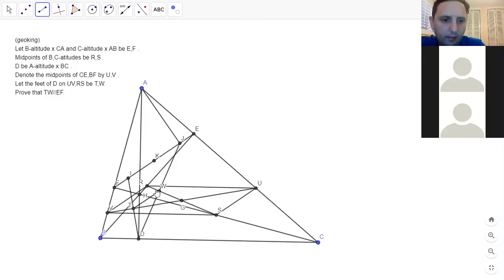We need to show RS is the perpendicular bisector of DJ. We know it's perpendicular, but not that it bisects yet. Once we prove it for RS, probably a similar proof would apply on this side.